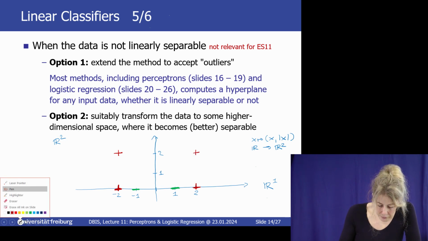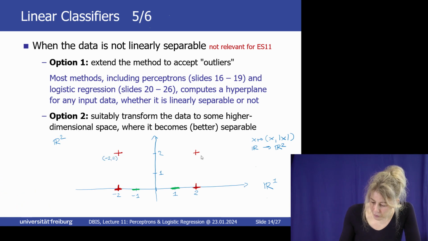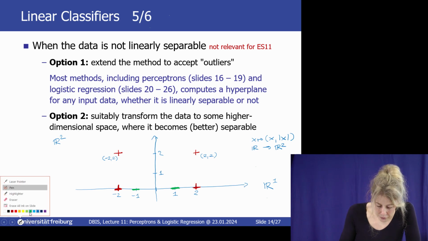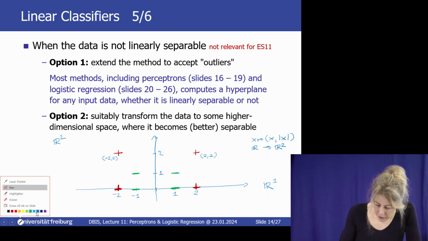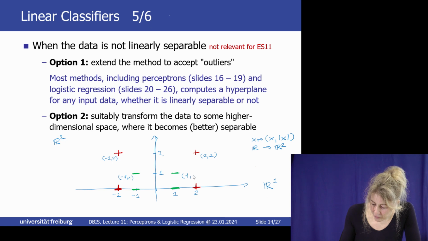So let me just write it here for clarity. This is the point -2, 2. This is the point 2, 2. And what happens to those? This goes here, and this goes here. And alas, they are linearly separable now in 2 dimensions. Such an easy trick, very effective, right?